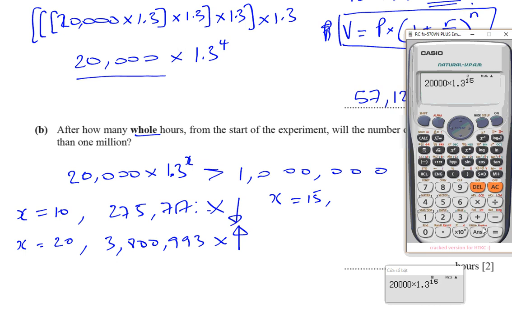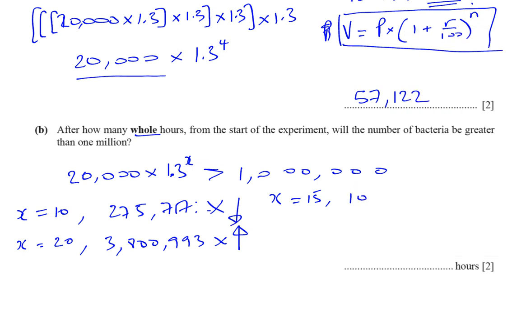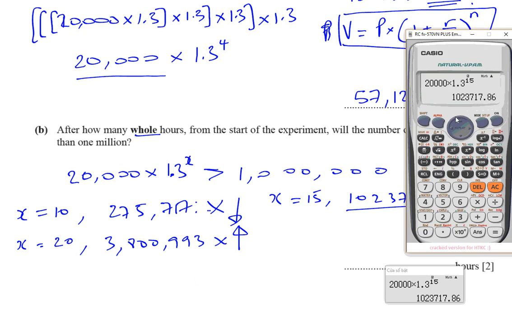That gives me something sensible: 1,023,718. That's when x equals 15, so it's reached 1 million. Let's see what happens when we put x equals 14, just to make sure it hadn't reached 1 million before that.